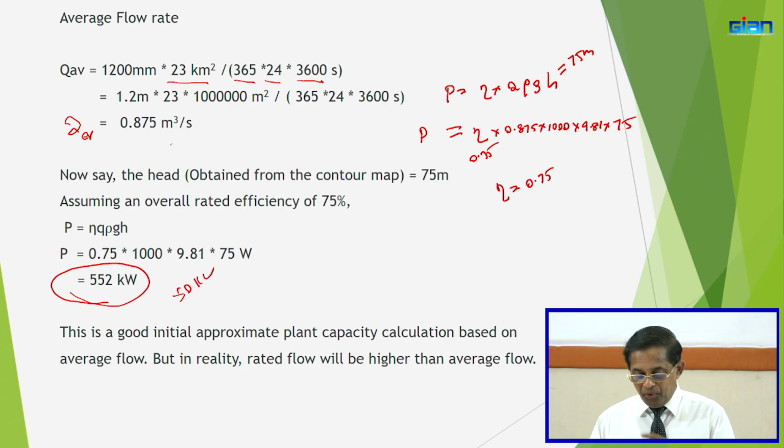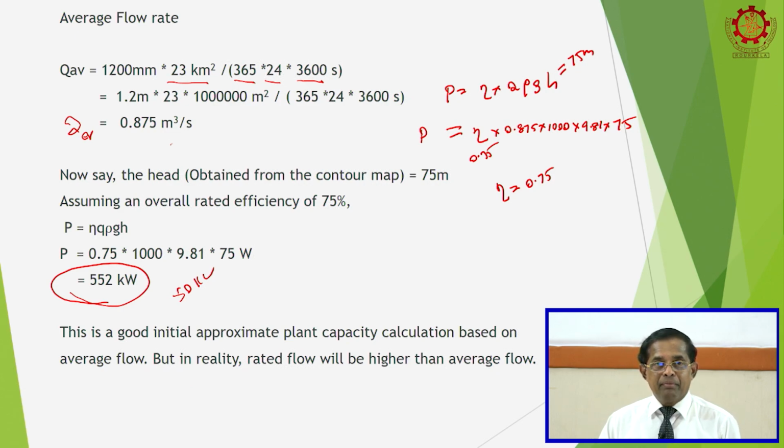So, this is how you initially identify project locations using a contour map. It may be in some other country, it may be in some other state, which you have never visited, but using the available literature and data, you can do an initial investigation and see whether there is a project where it is worthwhile to do further investigations.